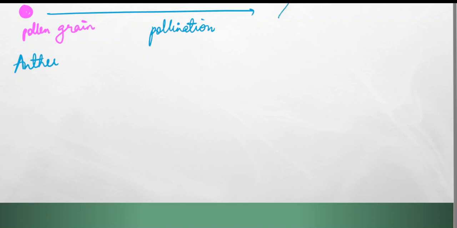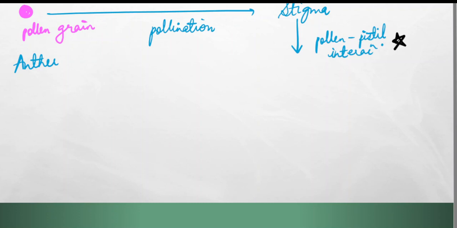It landed on the stigma, and from the stigma the pollen pistil interaction begins, and in this pollen pistil interaction, what happened? The pollen grain germinated.